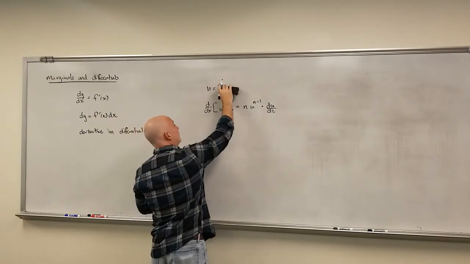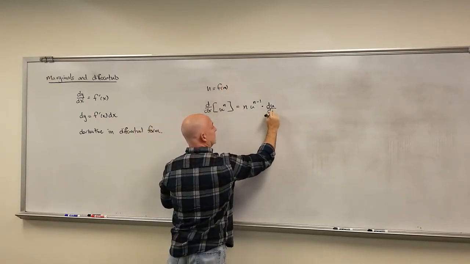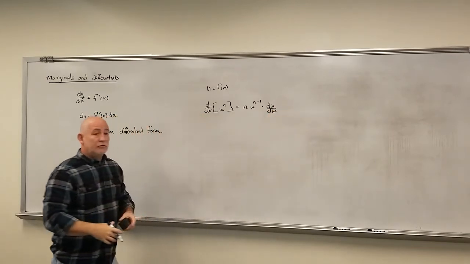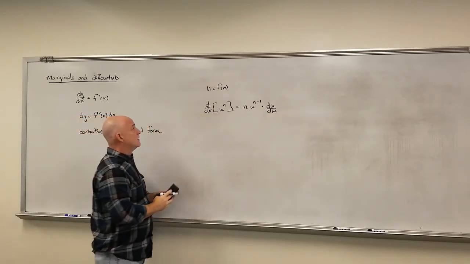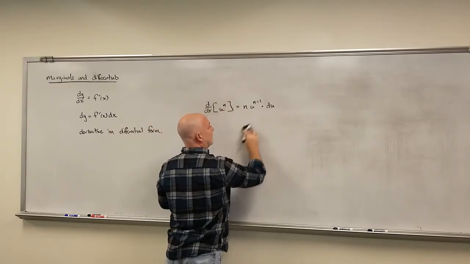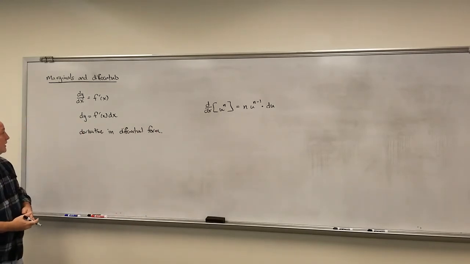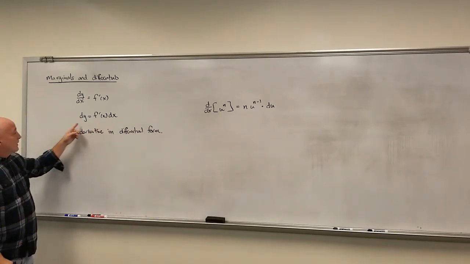If u was a function of m, this would be du dm. So a more generic way to write this is to assume that u is some function of some other letter and just write the derivative of u with respect to whatever letter it happens to be.